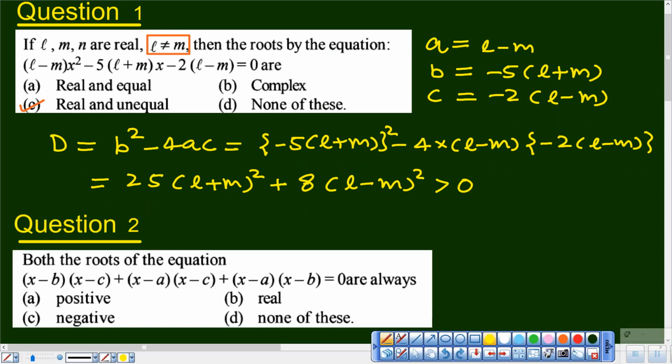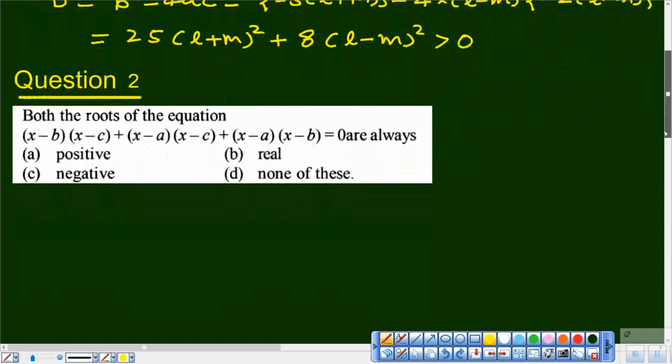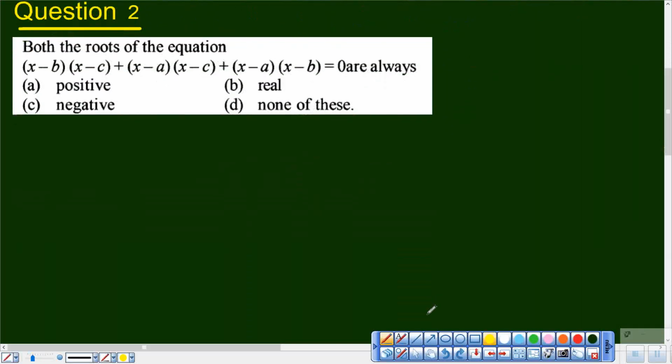Well, the second question is, we again have to judge the nature of the roots of this quadratic equation. So let us expand this expression, and when you expand it, you can see that you get x square in all the three brackets.